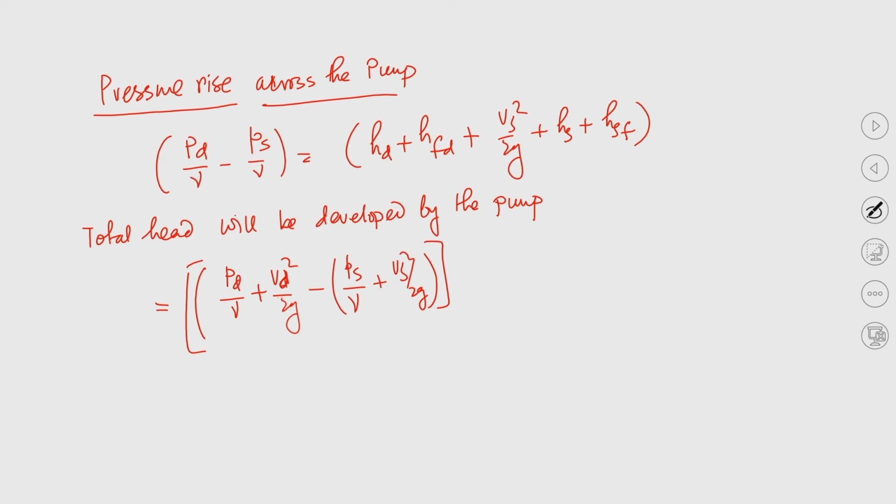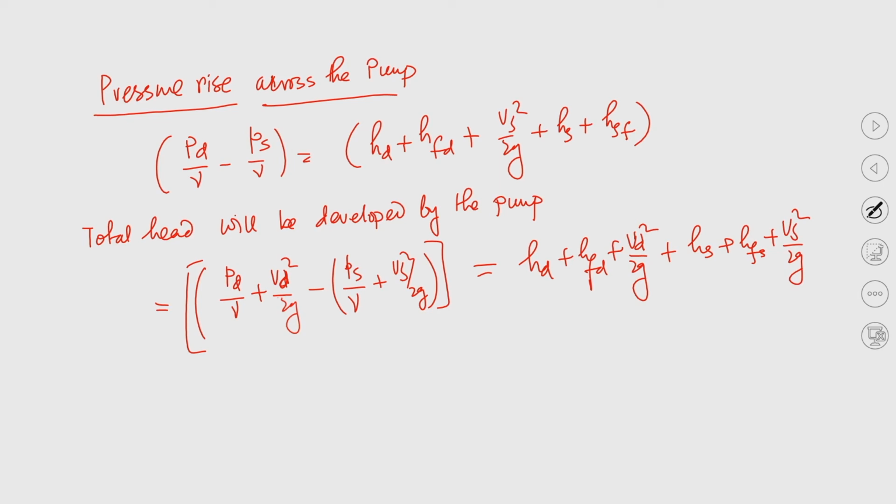If that is the case, you can understand what we will be writing. That is nothing but H d plus H f d plus V d square by 2 g, right, minus P s by gamma. So, what we will be getting is plus H s plus H f s plus V s square by 2 g, right.